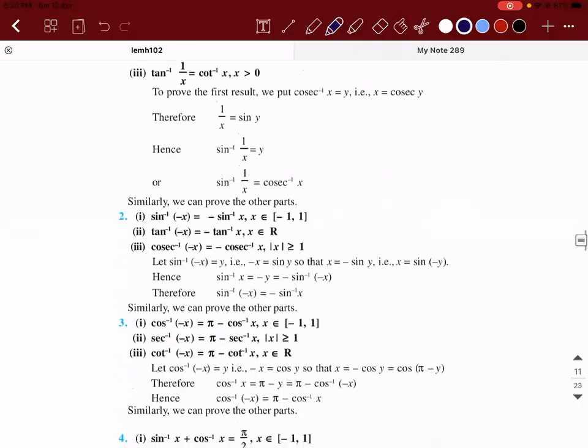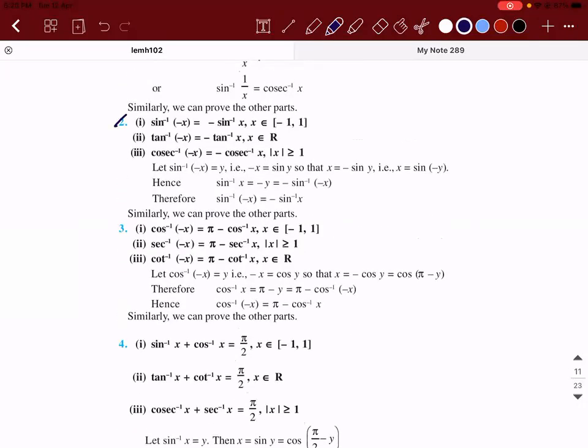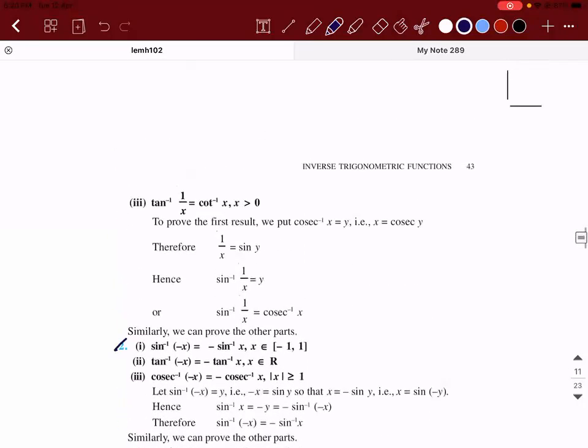So second property is, they have given greater than 0. But actually it can be R according to the logic.